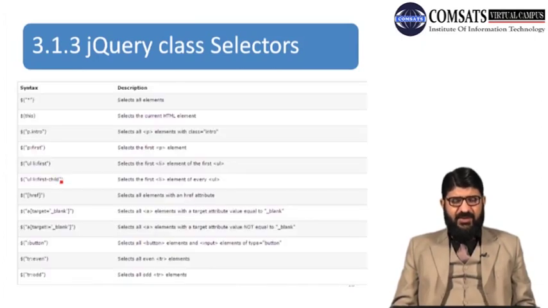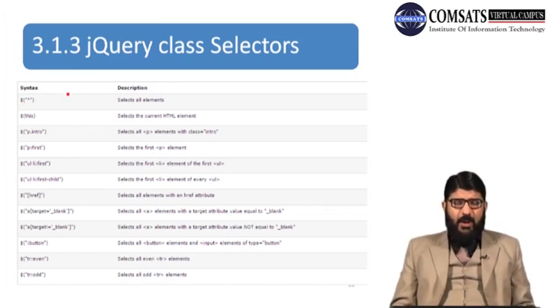See what different sorts of selectors are mentioned. The $ and then the asterisk is mentioned. It means select all the elements. Then $(this) is mentioned, which means select the current HTML element. And then p.intro is mentioned.